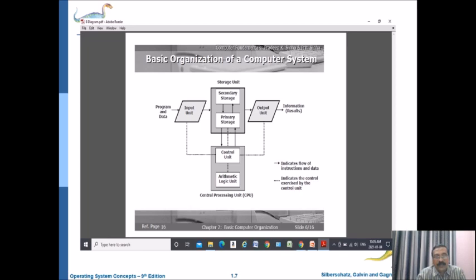Through the input unit, programs and data are fed to the computer, intermediately stored in the primary and secondary memory, and the results are produced as output to the users through the output unit. This block diagram is also called the basic organization of a computer system.